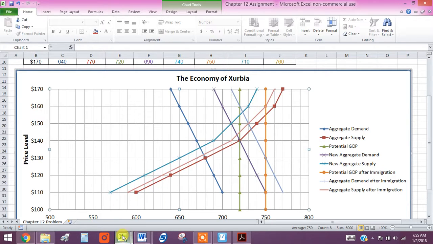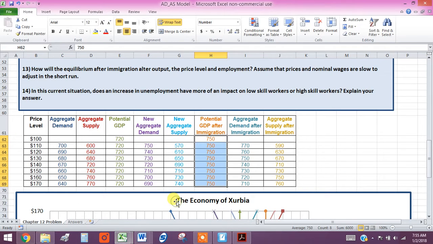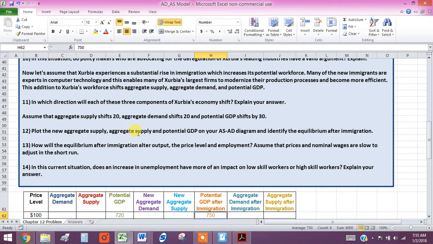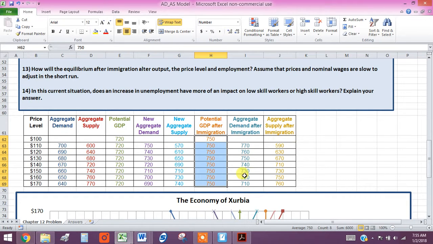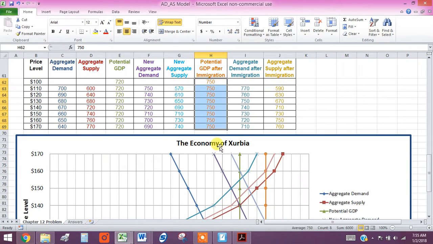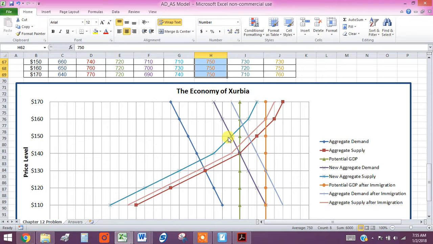So let's go back to our questions, and it's asking us, okay, so we want to know what the new equilibrium is, and we can see it on the table here. 730, right here, and a price level of 150. So price level didn't change because we went from here over to here.